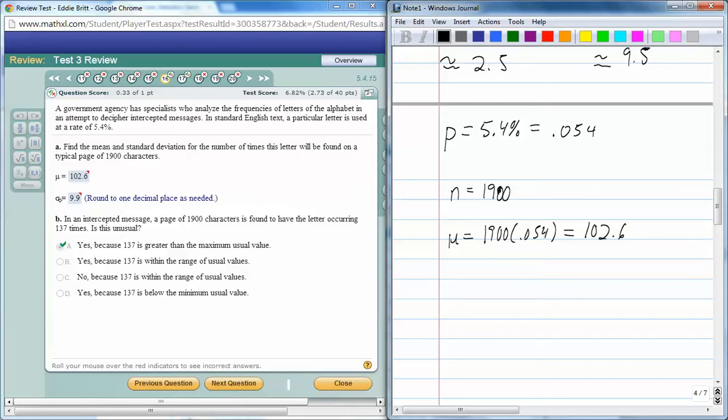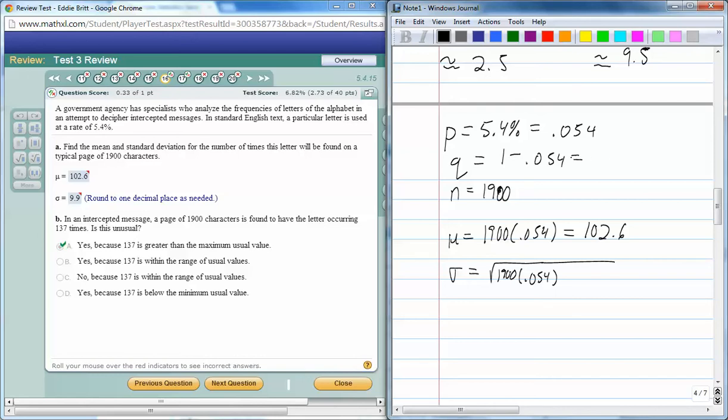Now the standard deviation, it's the square root of n times p times q. So the square root of 1900 times p, which was 0.054, times q. Remember how to find q. Q is 1 minus p, so 1 minus 0.054.